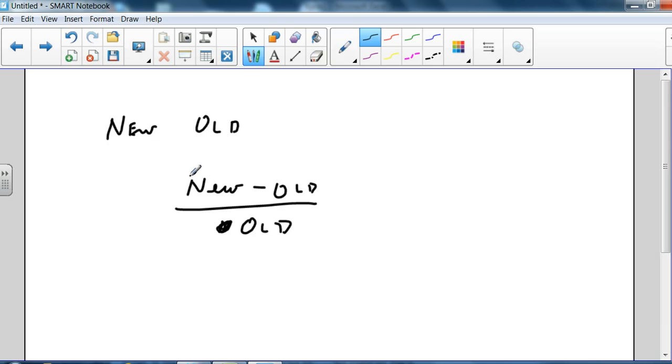And that looks good. But percent error is always positive. So we're going to take the absolute value of that so that we get a positive number.